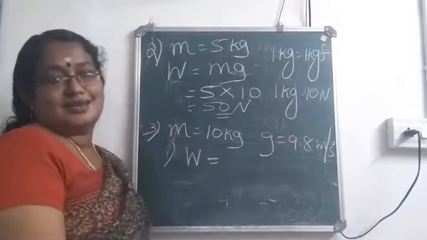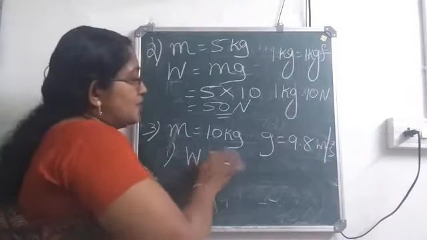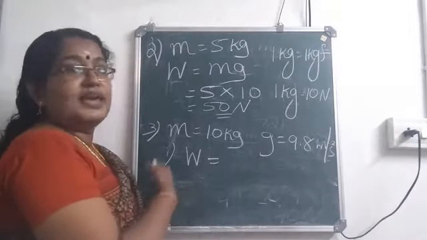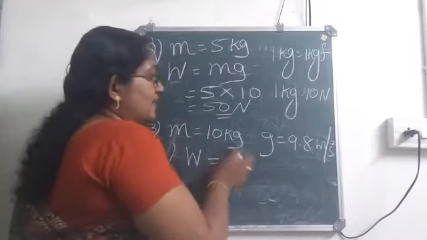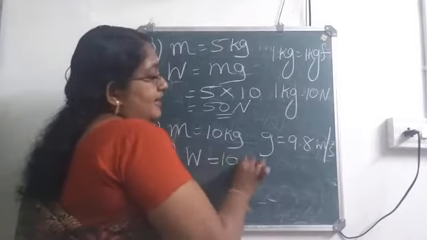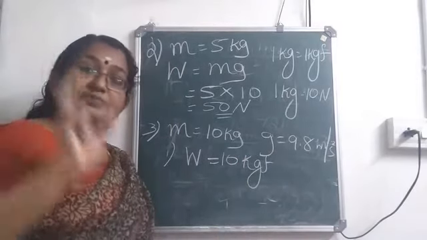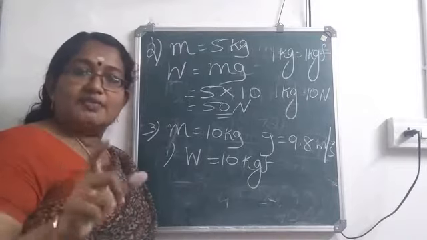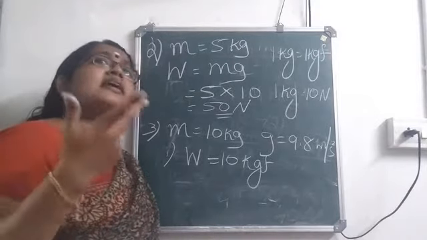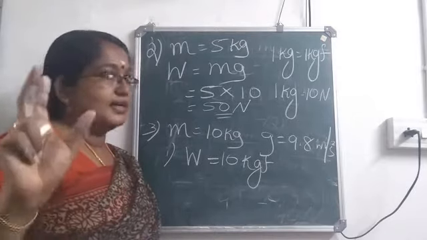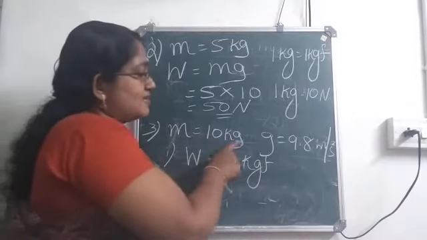It is 9.8. So, first case, it is asked to find the value of weight in kgf. So, what will be the weight? Weight will be 10 kgf itself. Did you understand? If you want to calculate weight in kgf, you don't want to do any multiplication. What is the mass given there?